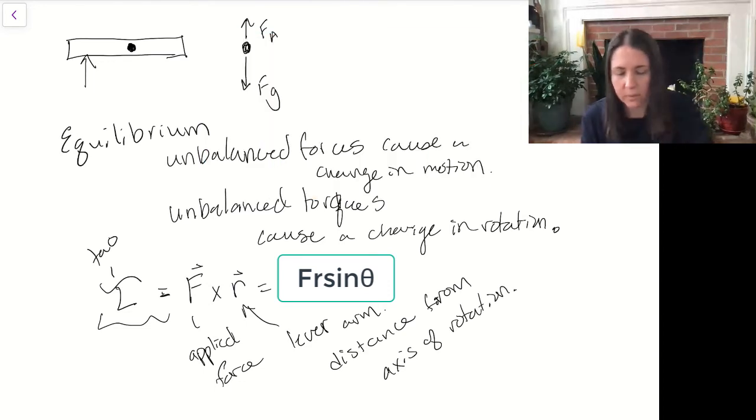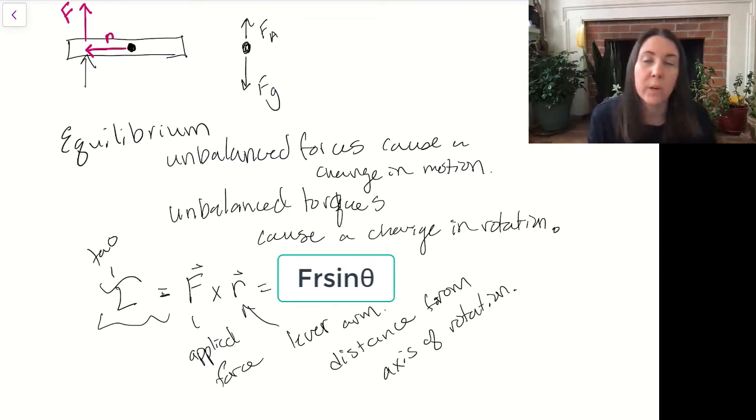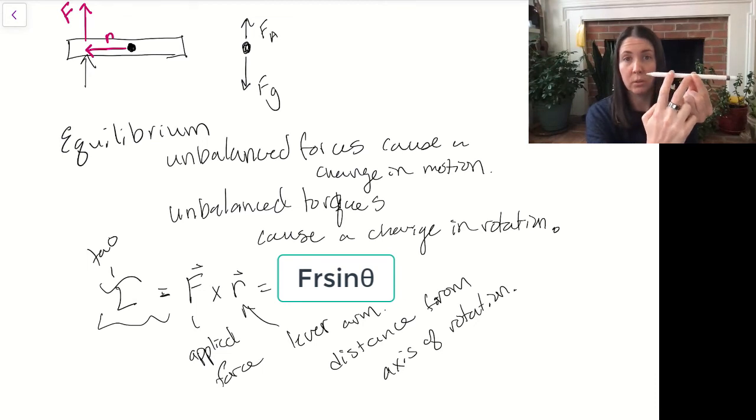If I think about this scenario here, this force is being applied in the upward direction, so this would be my force. And then my lever arm would be the distance from where it's rotating to the push.